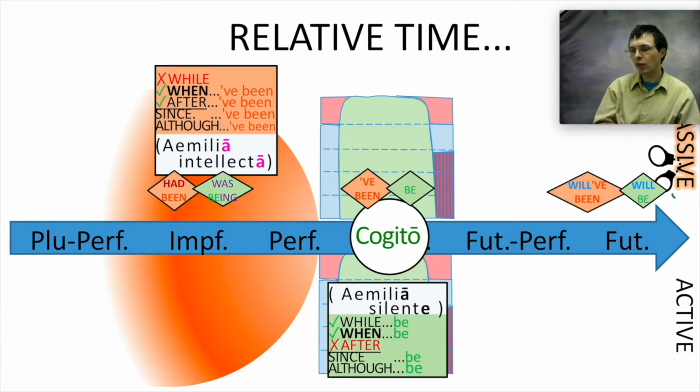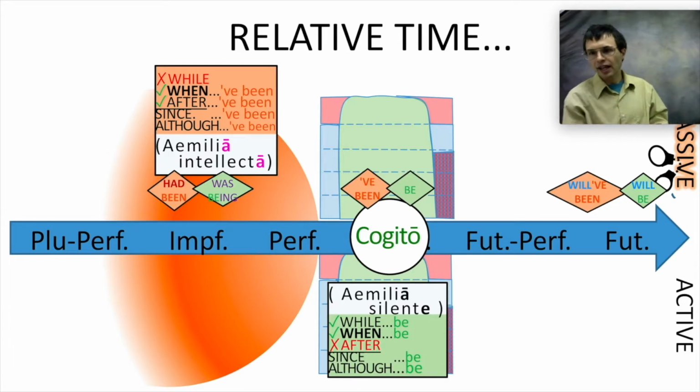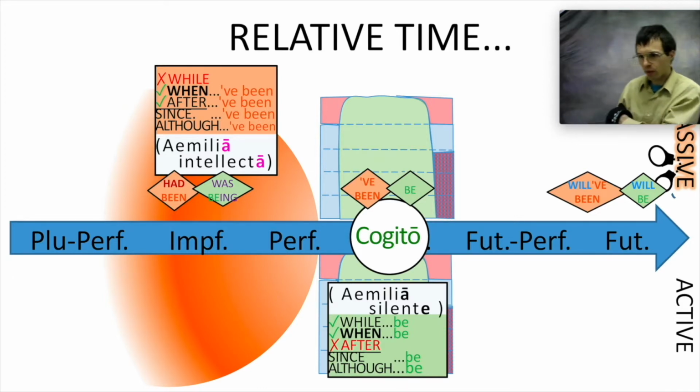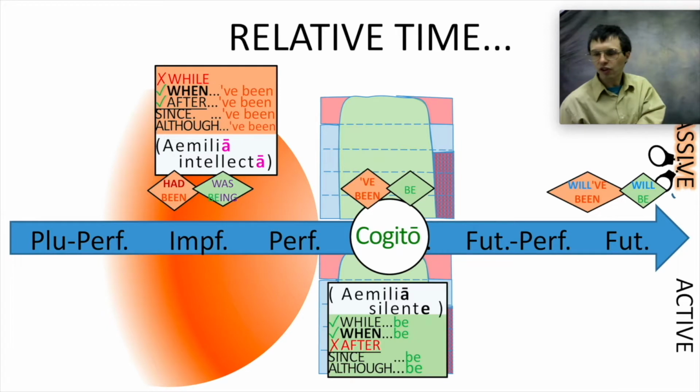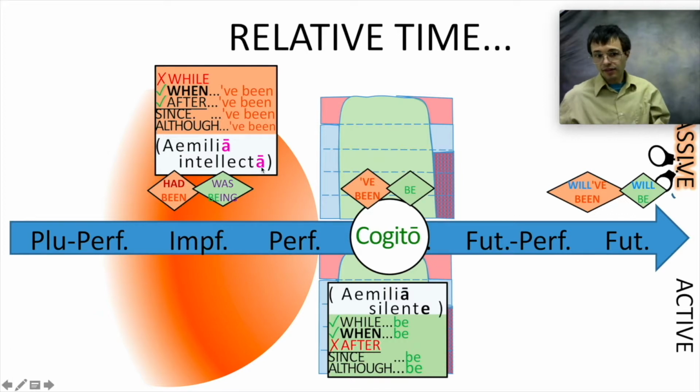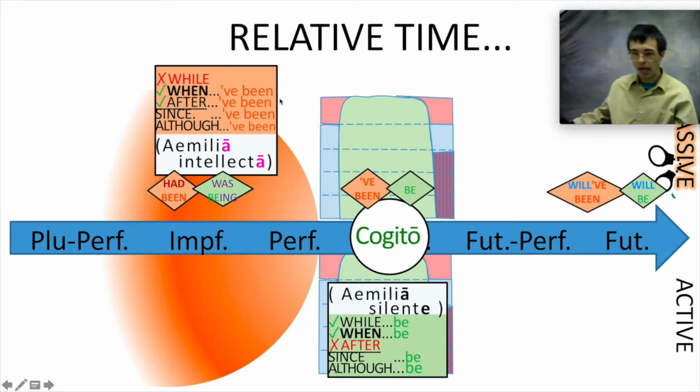And depending whether the secondary verb is a present or later verb in green or a past and further back verb in orange, you can use 4 out of 5 of these. So if the secondary verb is a past participle like intellecta, then you have to use some 4 of these that go with apostrophe ve been.